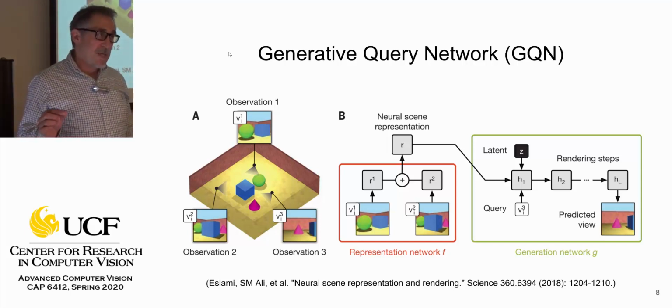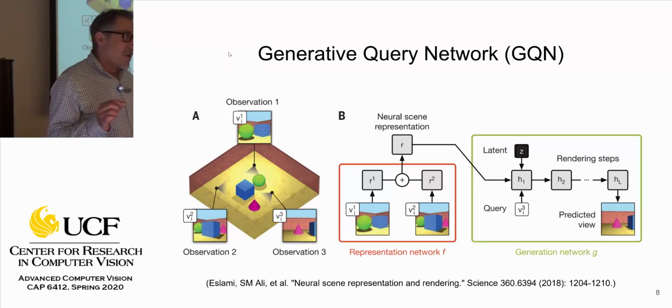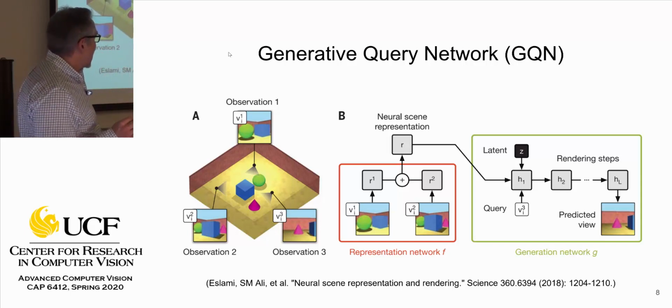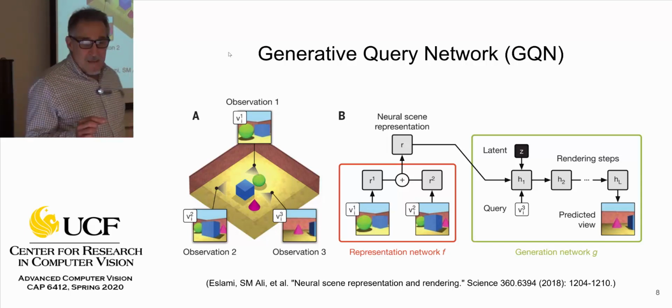So we take the query viewpoint as input, a latent variable z, which is a stochastic variable, and then we go through our rendering steps to predict the new view. The loss is then the predicted view compared with the ground truth view, which we know because we're in a virtual environment. And then the loss is backpropagated all the way back.